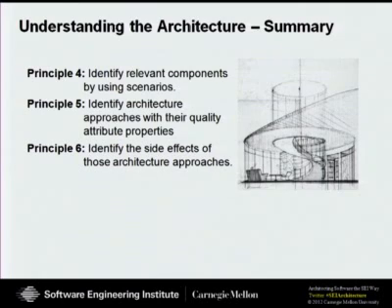We have that together. So summarizing it means to understand the architecture, we need to focus on the relevant components, the ones that are interesting. And they are determined by whatever the quality attribute scenarios say. We have to identify the architecture approaches that the architect put into the architecture to make them happen, with their properties, the numbers. And we have to consider what the side impact is.